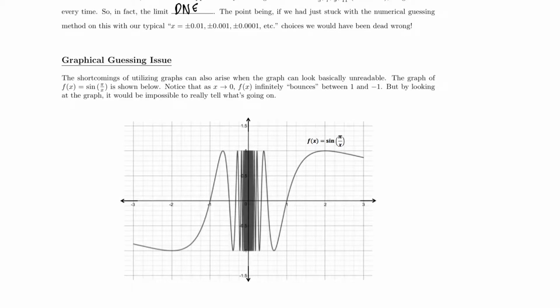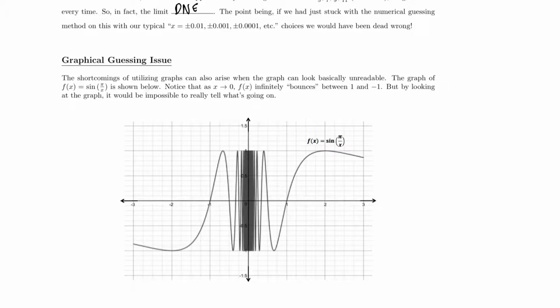So this isn't the best method in the world. Now, of course, none of the problems I assign you are going to ask you to do the numerical guessing method. None of those methods are going to have a problem like this. We have other methods that we're going to talk about.